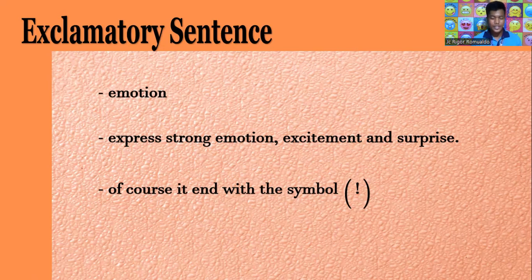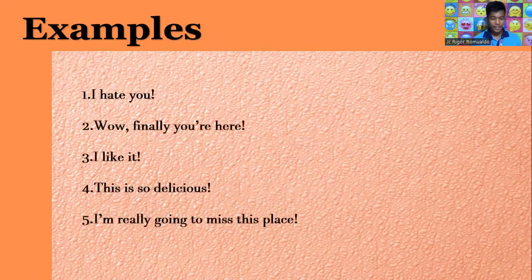Let me give you some examples. I hate you. Wow, finally you're here. I like it. This is so delicious. I'm really going to miss this place. So see, how does emotion come through when stating those sentences?